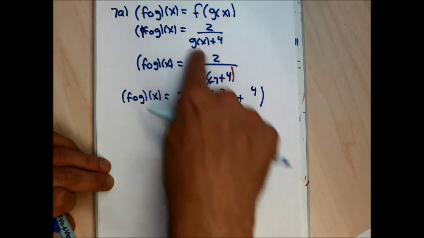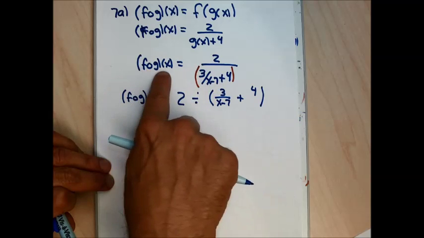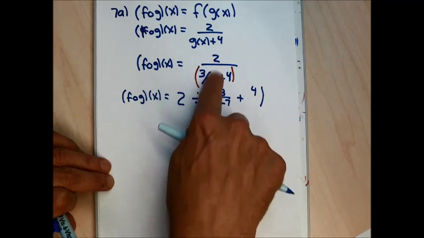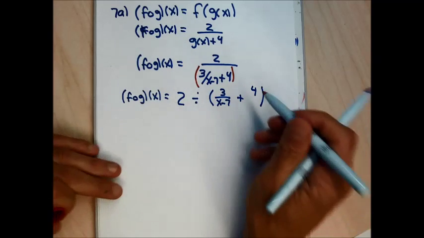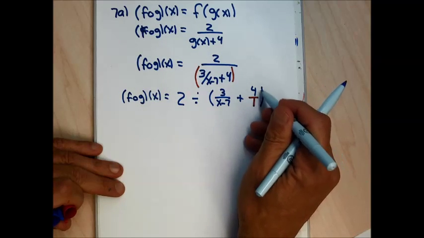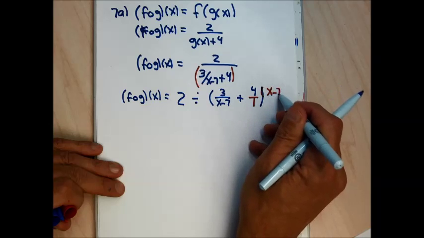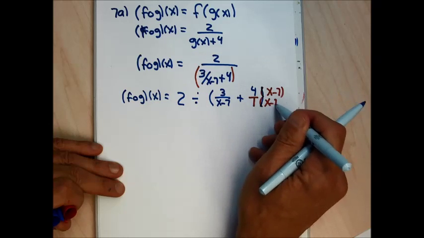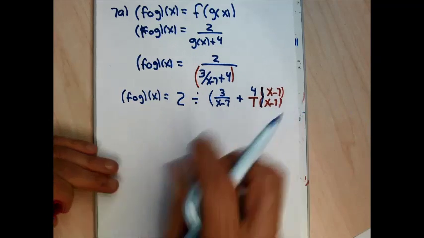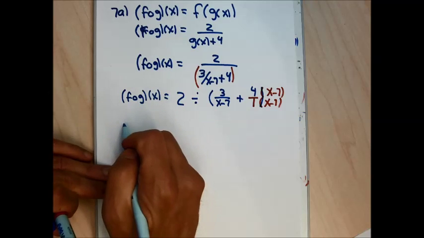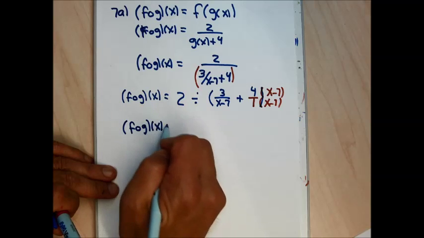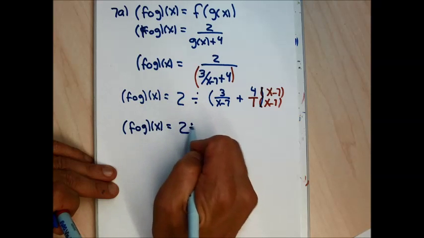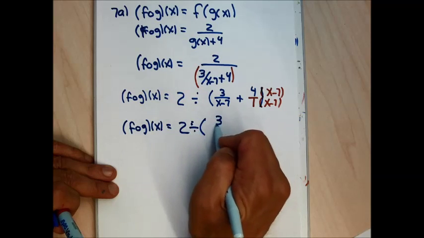So I found a very unsimplified version of f composed with g of x that has this multi-layered fraction. I changed a multi-layered fraction into a division, and I'm going to take this 4 and write it over 1 and multiply it by x minus 7 over x minus 7 so that I have two fractions with the same denominator.